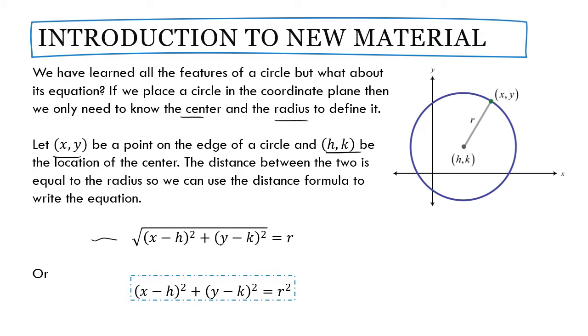So we do the square root of (x minus h) squared, because that's the point minus the center, plus (y minus k) squared. h is the x coordinate of the center and k is the y coordinate. That's going to equal r. This is just the distance formula. But if we square both sides, we get this. And this is the formula that we're going to use: (x minus h) squared plus (y minus k) squared equals r squared.